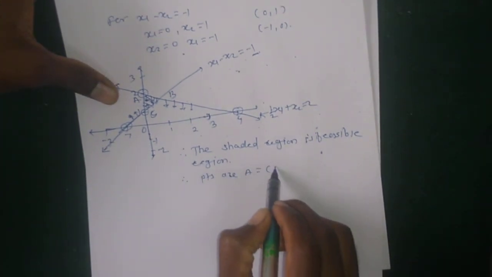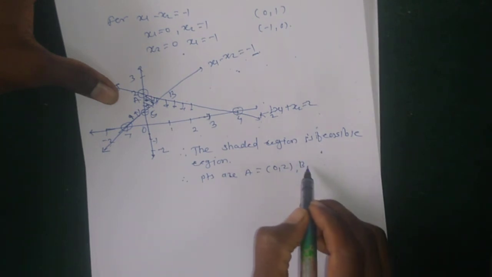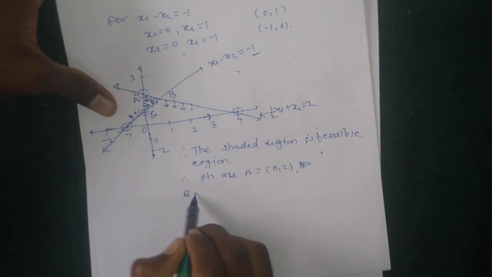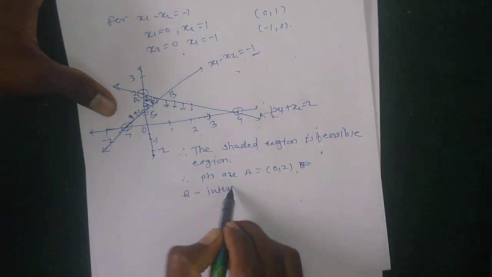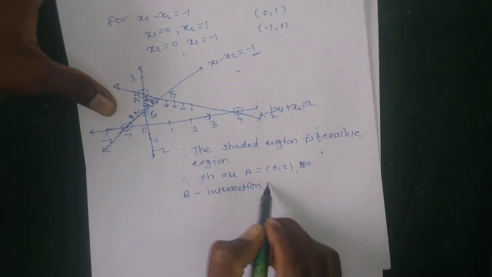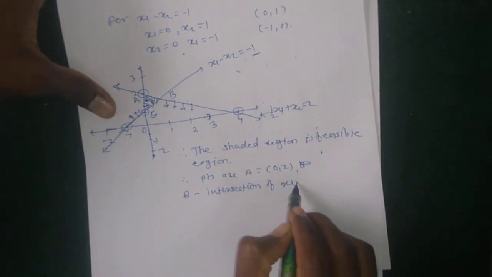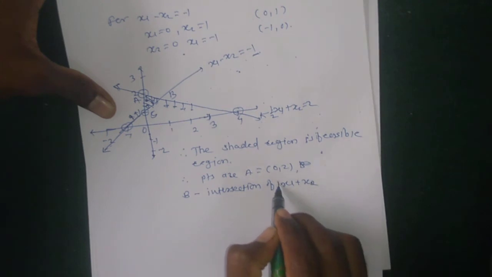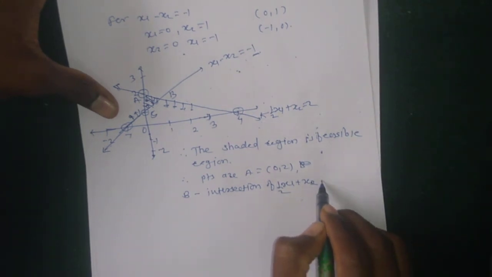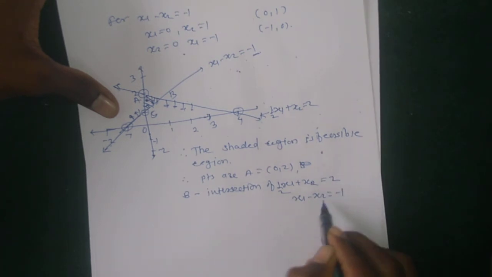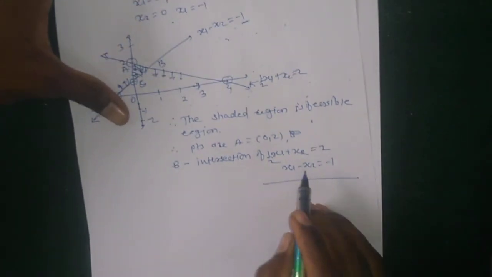Therefore points are A equal to (0, 2). Point B is the intersection of two lines. What two lines? 1/2 x1 plus x2 is equal to 2, and x1 minus x2 is equal to minus 1. So find their point. How to find?